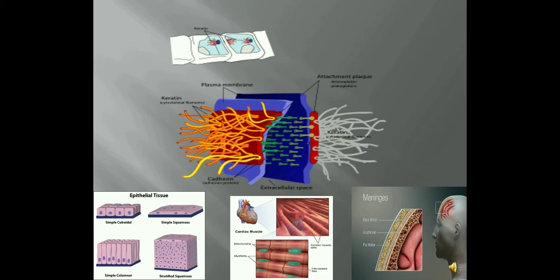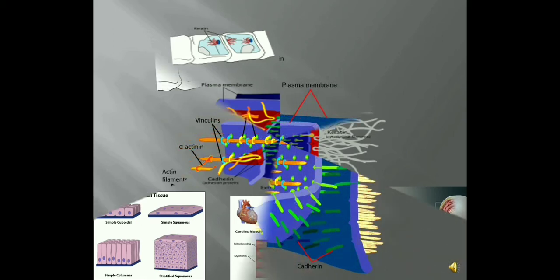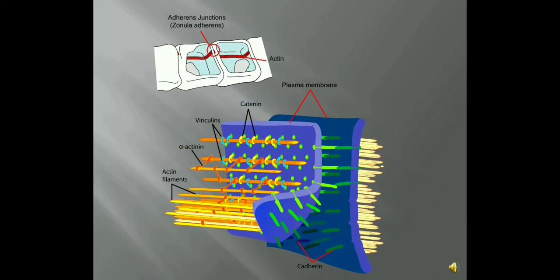Next one is adherence junction. In adherence junction, you'll find it has various signaling pathways and transcriptional regulation. That means it helps in giving signals and it also helps in transcription.